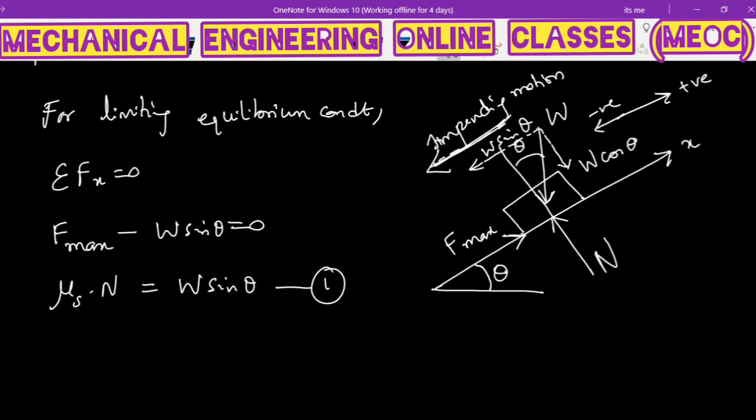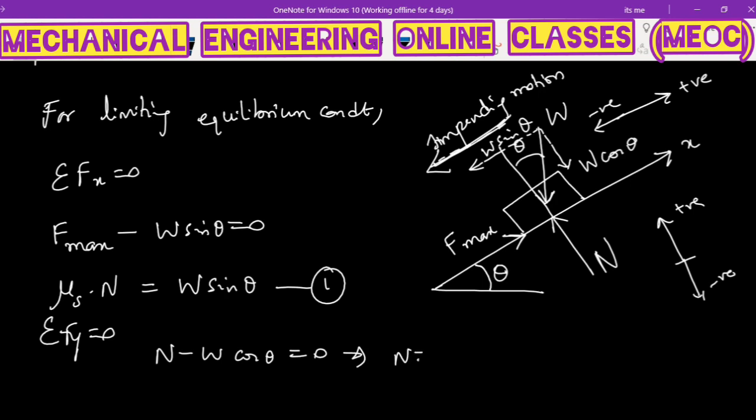Now let us see sigma Fy equal to 0. So perpendicular to the inclined plane there are only two forces, one is N and the other is W cos theta. So if upward force is positive and down the plane force is negative, then N is positive. N minus W cos theta is equal to 0, or N is equal to W cos theta. Let this be equation 2.